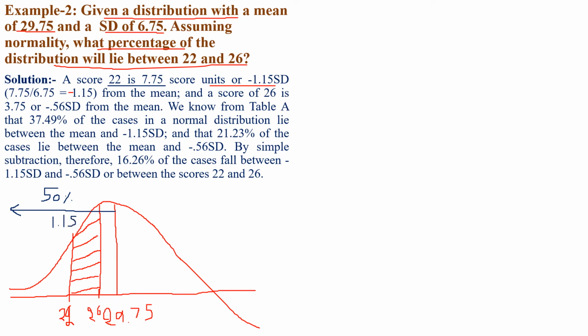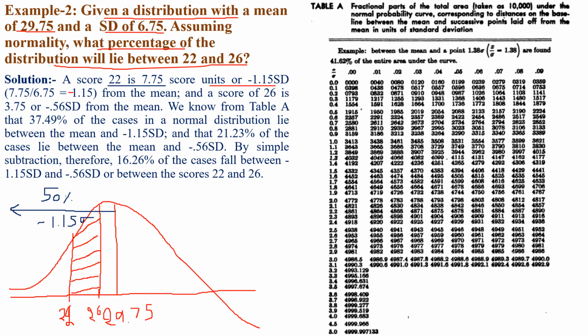So its value is minus 1.15 standard deviation. Now, on the basis of the table, we need 1.15. So 1.1 or we need 1.15. In this case, we just go this side. This is the intersection part of this. So there is 39.44. Sorry, 34.44. Sorry, I made a mistake, it's 39.44.